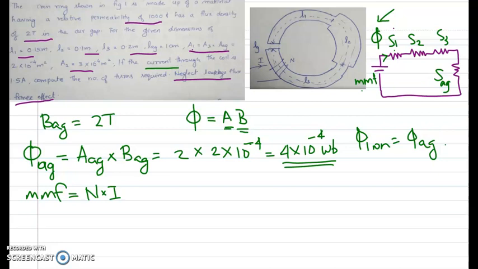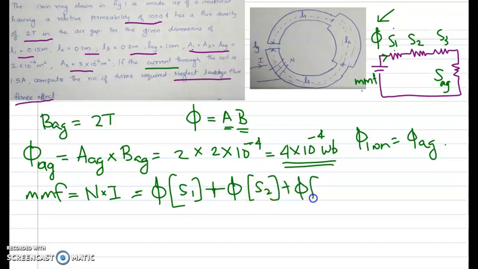So MMF will be equal to the flux phi into S1 plus phi into S2 plus phi into S3 plus phi into Sg.